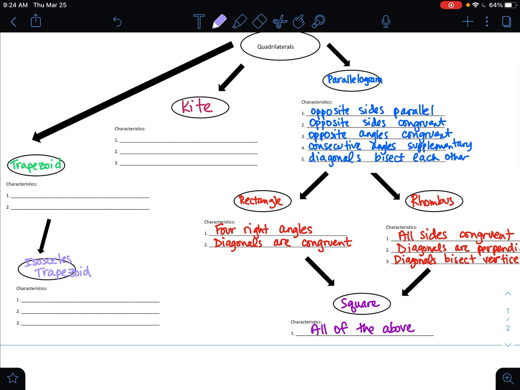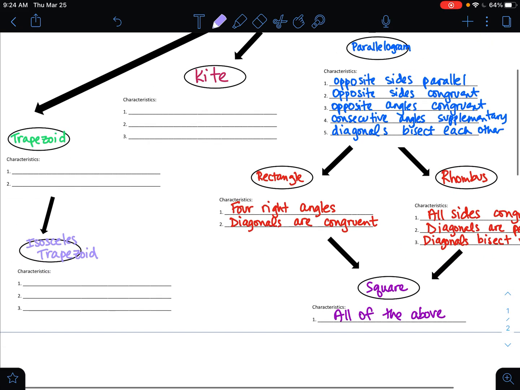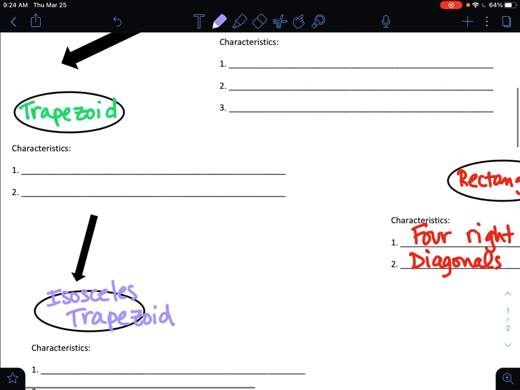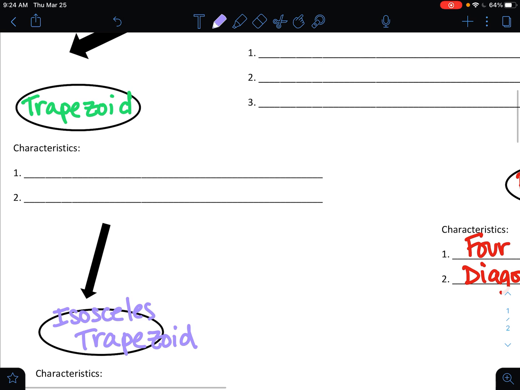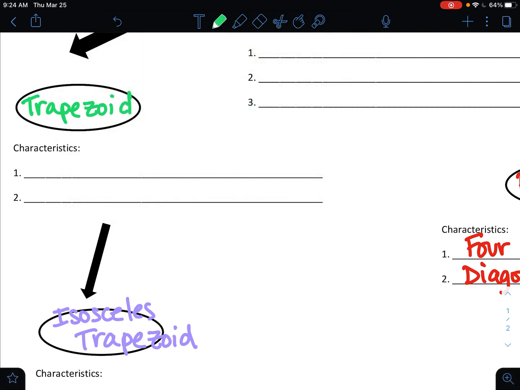Okay, so let me start with kite. Actually, I take that back. We're going to start with trapezoid because we start with trapezoid in our notes first. Okay, I always start with the definition as number 1. So in a trapezoid, what makes a trapezoid different than a parallelogram is it only has one set of parallel sides.